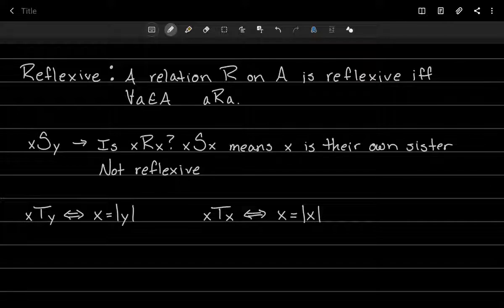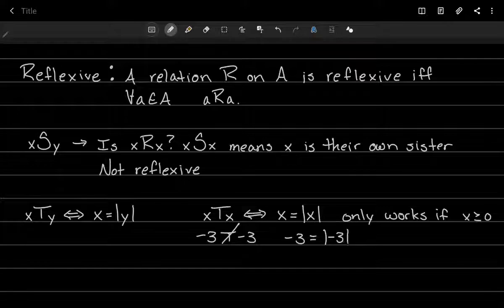If X is positive, I'm good, right? But this only works if X is positive. Well, or 0. So an example showing this is not reflexive would be -3. -3 is not related to -3 because that would mean that -3 equals the absolute value of -3, which is not true. So T is not reflexive.